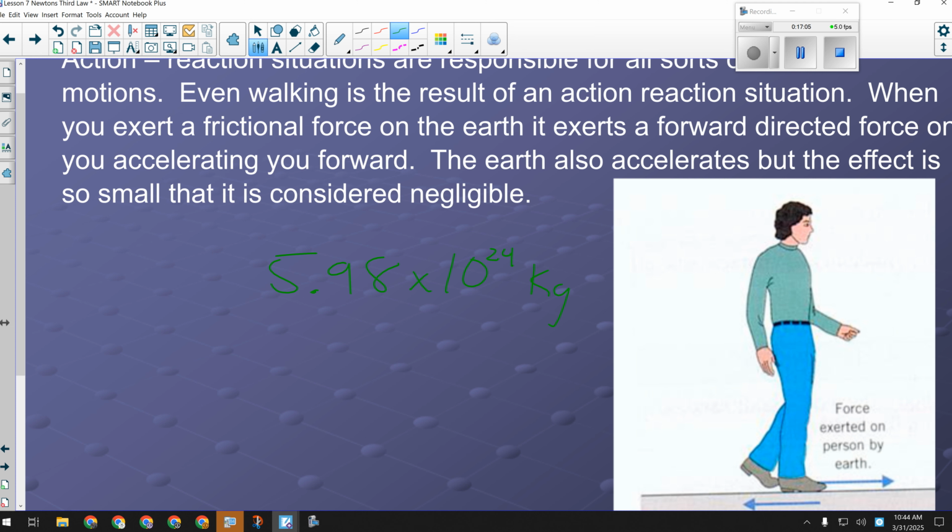You are going to have virtually no effect on that kind of mass due to your jumping. Even if the entire population of the Earth were to jump in the same place at the same time, the amount of energy imparted to the Earth is negligible from that force.